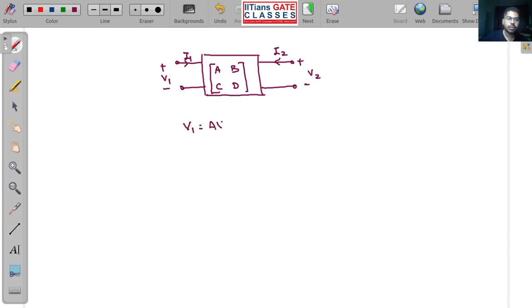V1 is equal to A V2 minus B I2, and I1 is equal to C V2 minus D I2. So this is valid when the correct direction of I2 is like this. If my direction of I2 is going out from the port, then this equation will change like this.